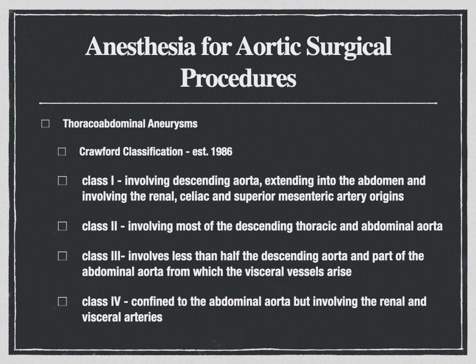Class 2 involves most of the descending thoracic and abdominal aorta. A class 3 involves less than half of the descending aorta and part of the abdominal aorta from which the visceral vessels arise. And the class 4 is confined to the abdominal aorta, but does involve the renal and visceral arteries.